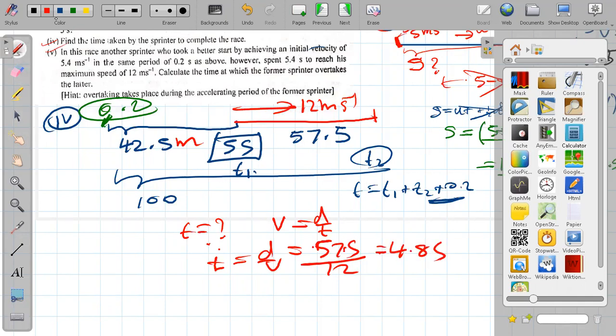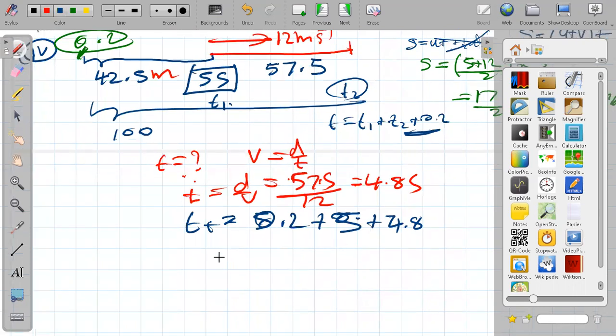Now what is the total time? Previously he had 0.2 seconds at the beginning, then 5 seconds plus 4.8 seconds. All together, time is like 10 seconds. Usain Bolt's little brother.